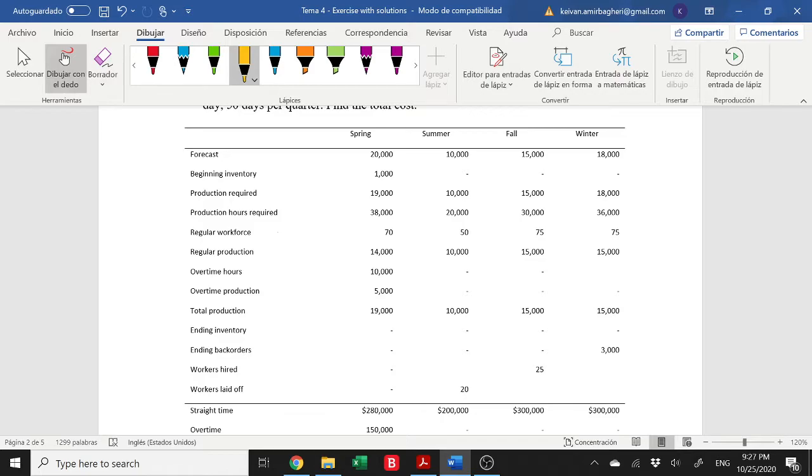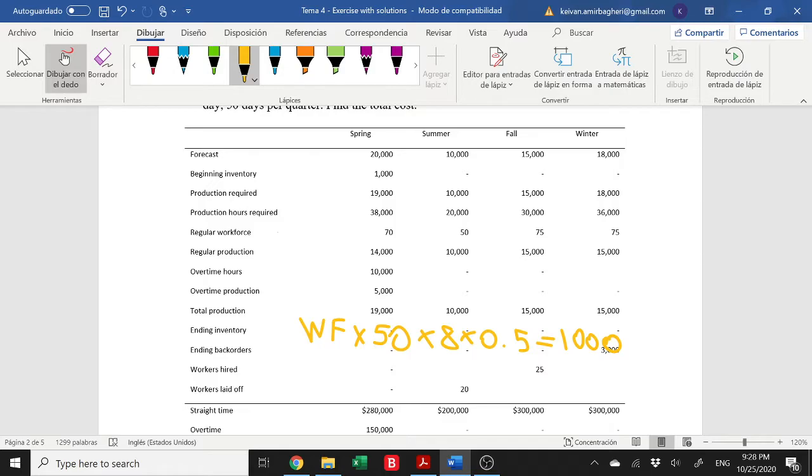Easily we can calculate the number of workers. Imagine, for example, I put workforce, which we don't know, multiplied by 50, multiplied by 8, multiplied by 0.5, should be equal to 10,000.